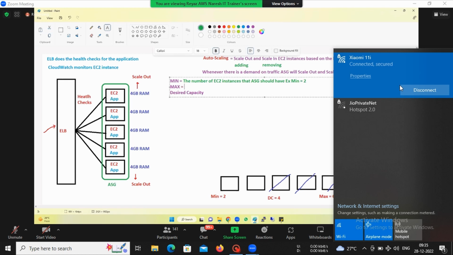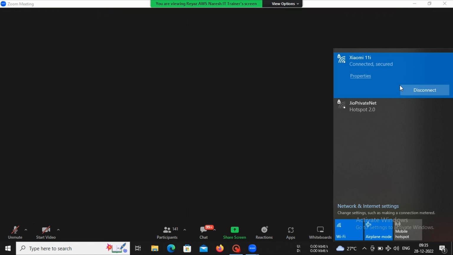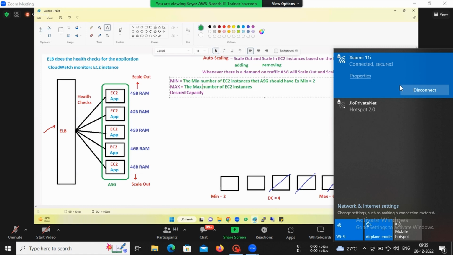No, it's up to you. Based on the requirement, you can put it. Here I put the maximum number of EC2 instances that the auto scaling group should have. Example, maximum, I put it as 6.